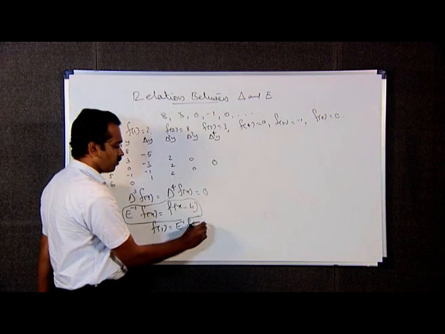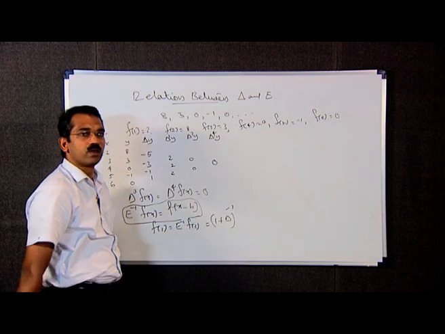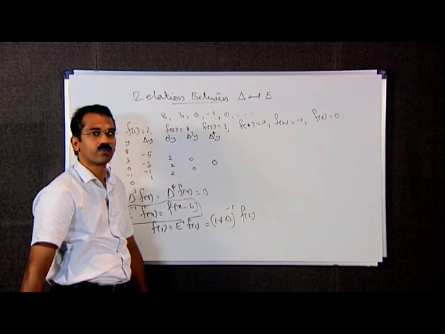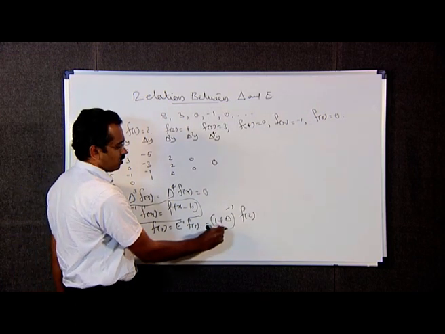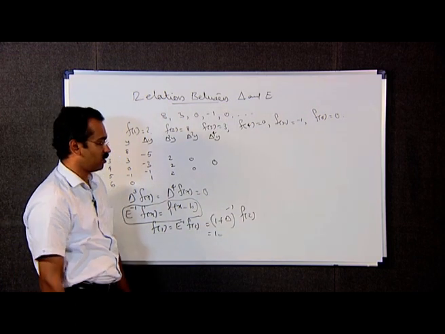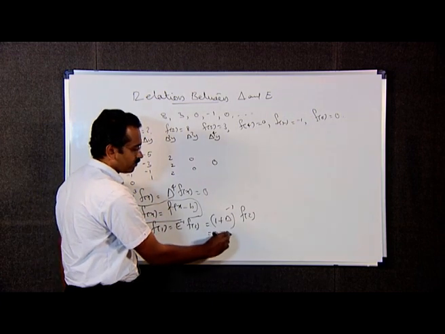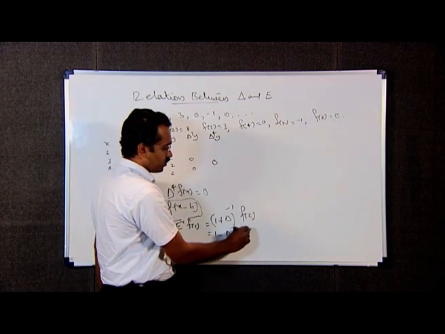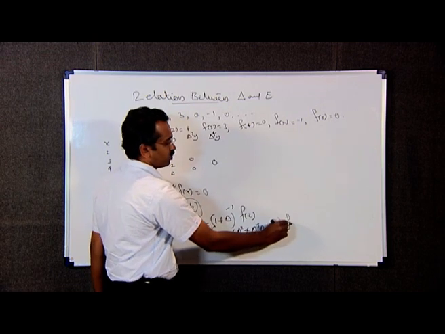That is equal to (1 plus delta) raised to minus 1 f of 2. By the expansion of (1 plus delta) raised to minus 1, we have (1 minus delta plus delta square minus delta cube plus etc.) of f of 2.